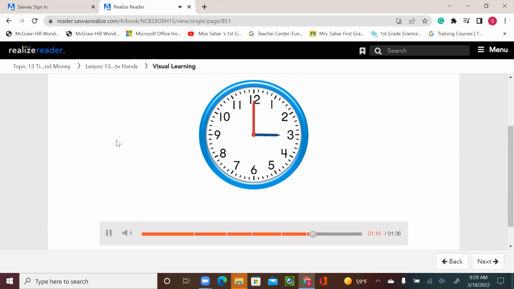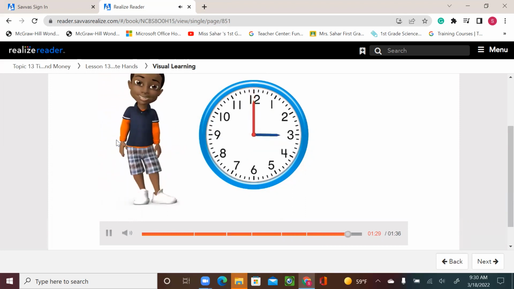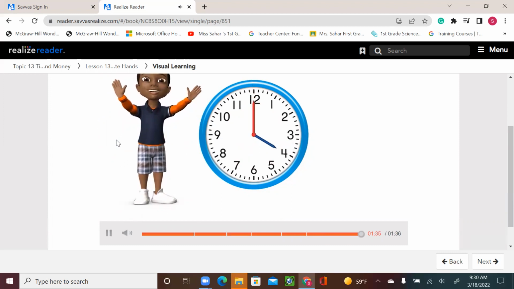The hour hand points to the 3, so the hour is 3. The minute hand points to the 12, so you say o'clock. When you put them together, you say 3 o'clock. Now you know about the hour and minute hands on a clock.